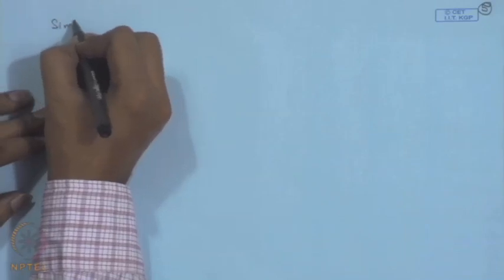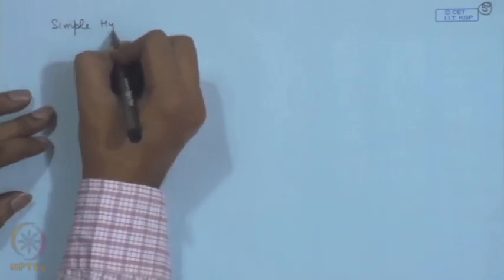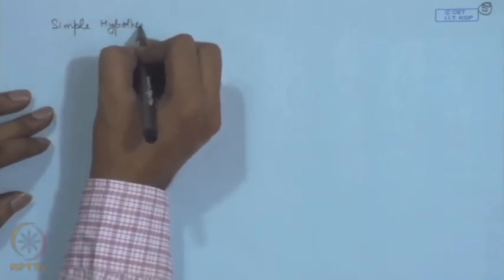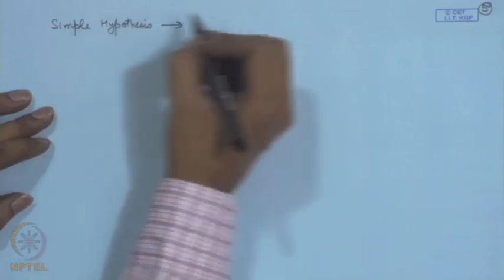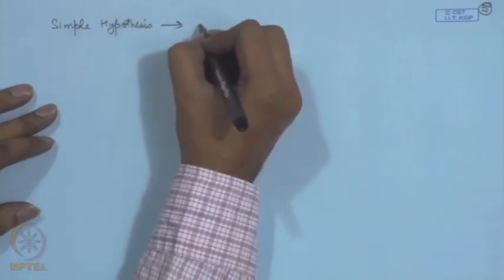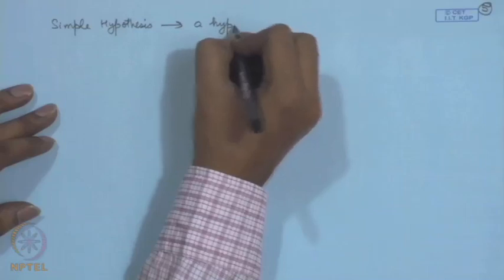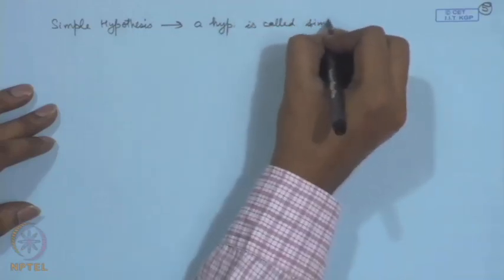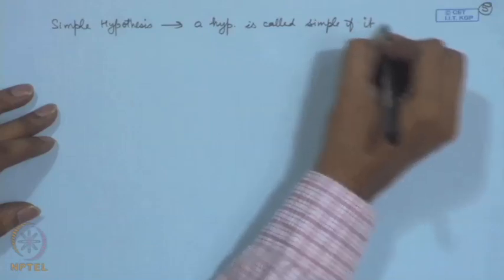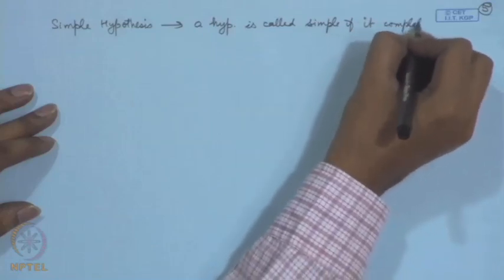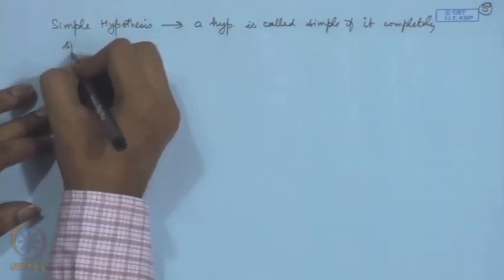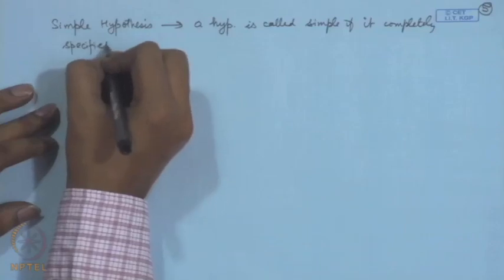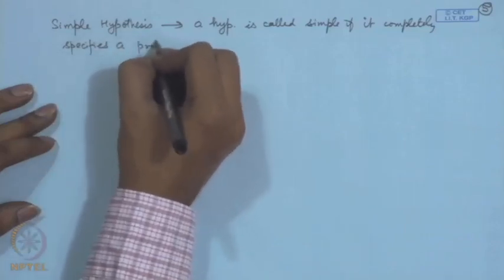Now, the tests have been derived based on a certain classification. The simplest classification is about a hypothesis which is called a simple hypothesis. A hypothesis is called simple if it completely specifies a probability model.